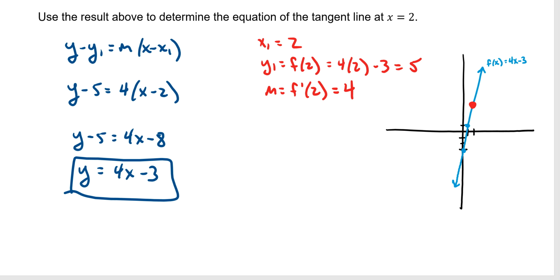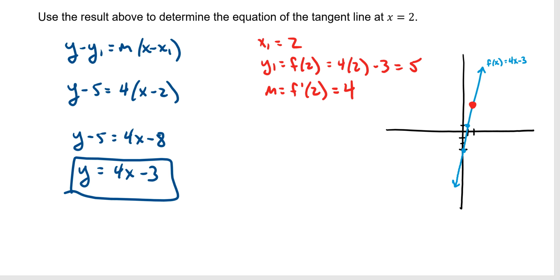So the tangent line for a line, a linear function, is just the line itself. If your original function is a line, then the tangent line is going to be exactly the same no matter what your x value is.